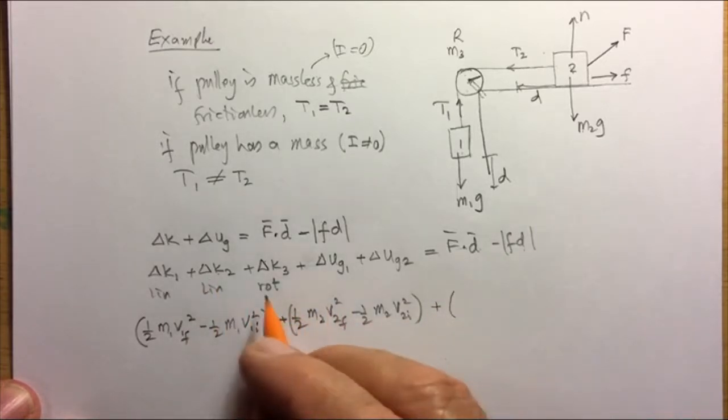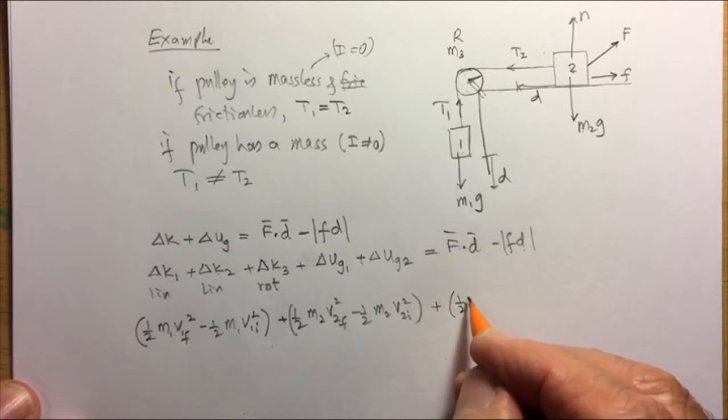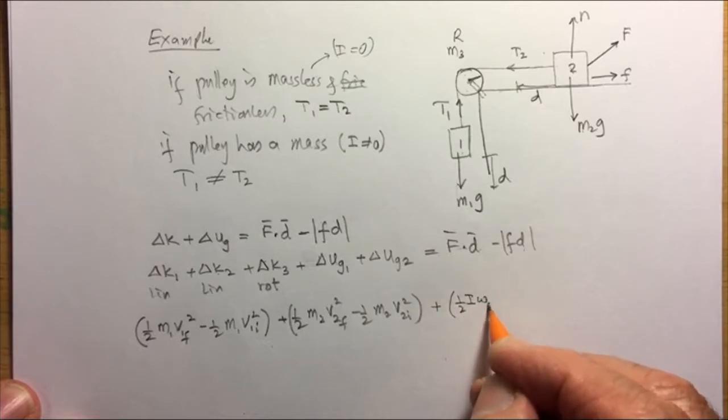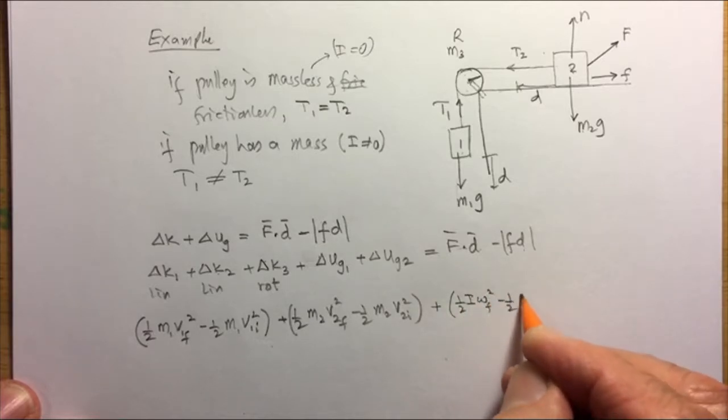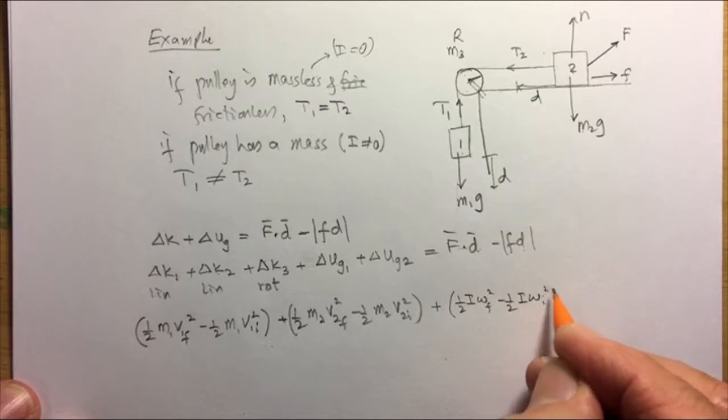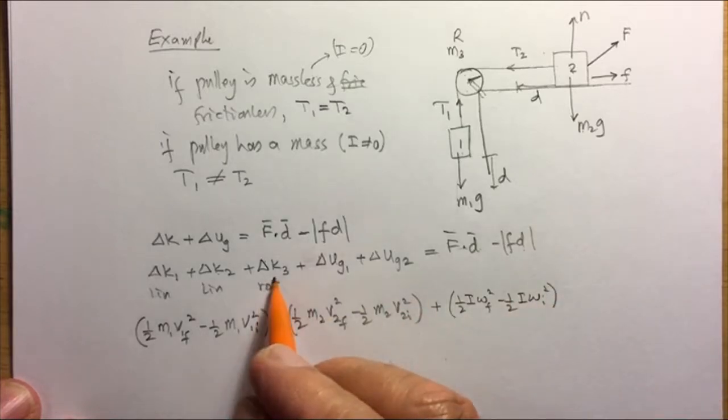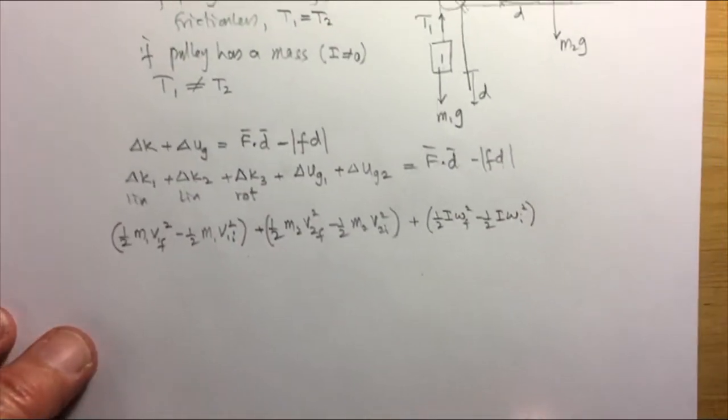For number 3, being rotational, it's half I omega final square minus half I omega initial square. So that's the change in kinetic energy for number 3.